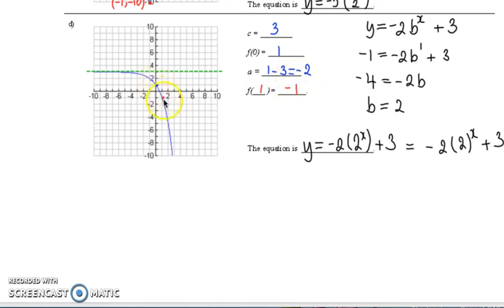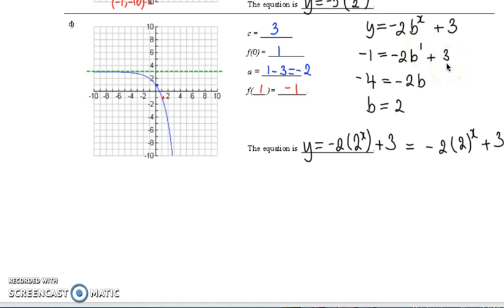A point that is convenient to read on the graph is (1, -1). So using all this information, we have a temporary equation, y equals -2 times b to the power of x, plus 3. Substitute the point (1, -1). Make sure -1 is the y value, 1 is the x value.